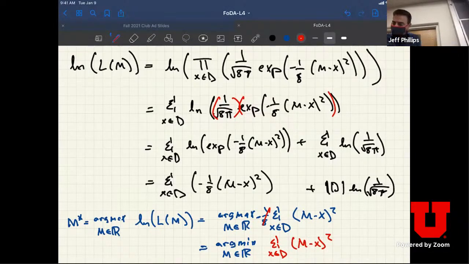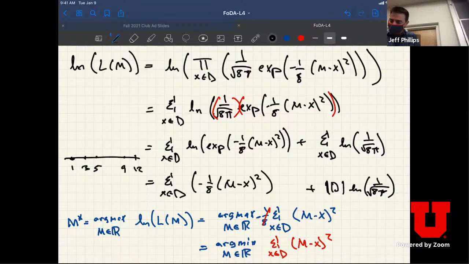Back to my formulation again. I have these points at 1, 3, 5, 9, and 12, and I want to minimize the sum of these squared distances.